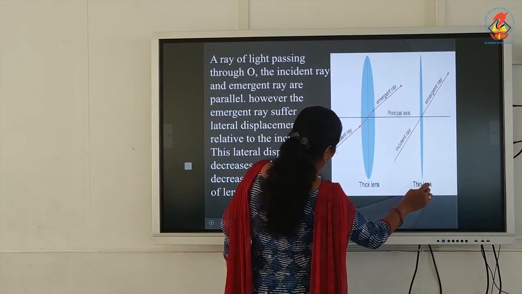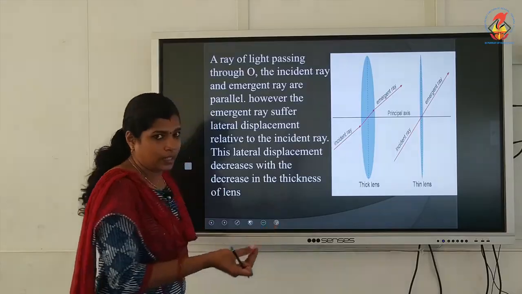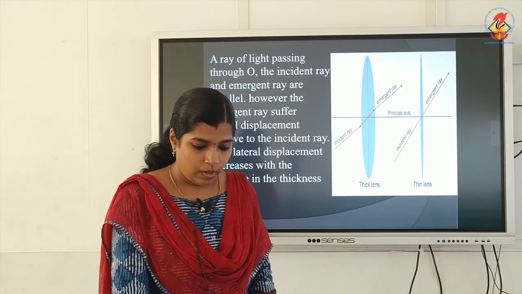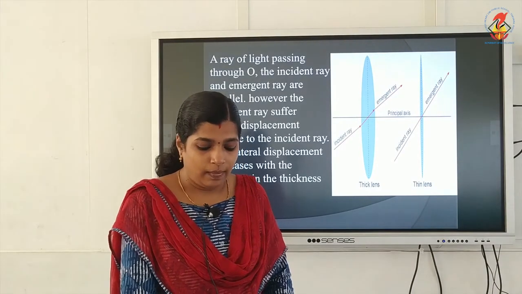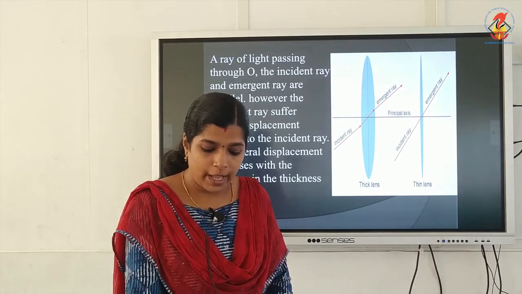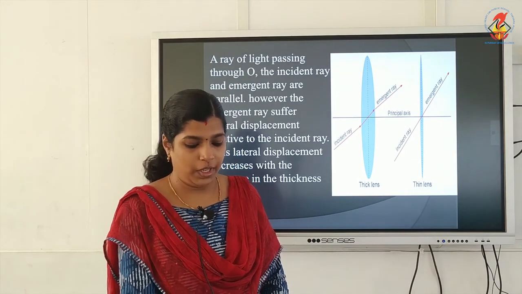In case of a thin lens, as the thickness decreases, the lateral displacement also decreases, and for thin lenses, a ray of light passing through the center will not suffer any deviation. This one also you need to mark in your textbook. Rule 3: a ray of light passing through the optical center of a lens will emerge without any deviation.